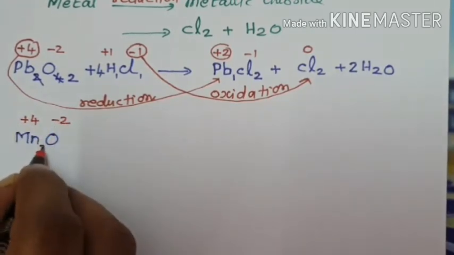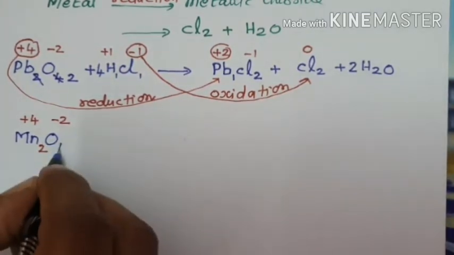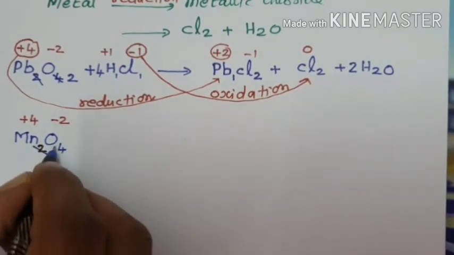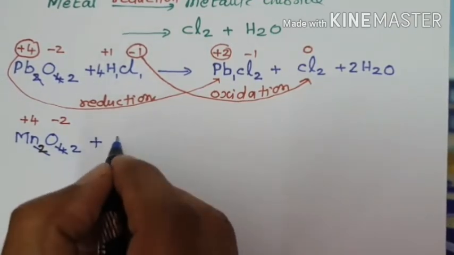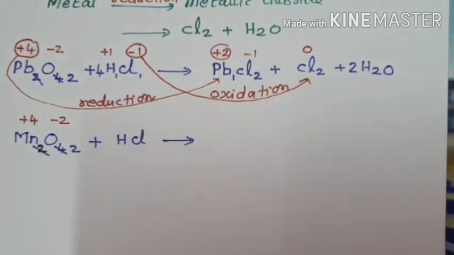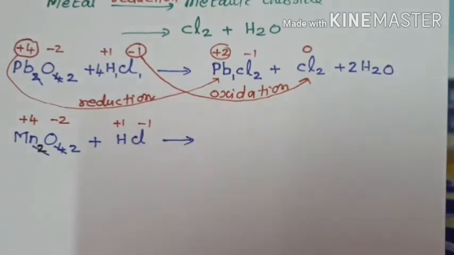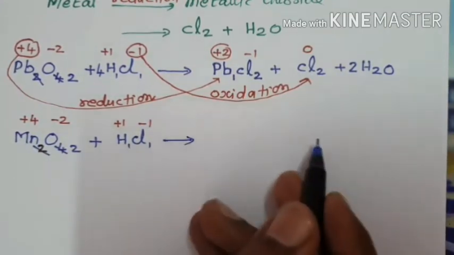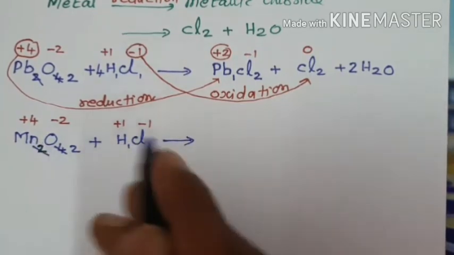When we write in class, oxygen valency 2, therefore when we cancel, 1 2 is 2, 2 2s are 4, molecular formula MnO2, when treated with hydrogen chloride. H is always plus 1, chlorine valency minus 1. When we write in class 1 1, so manganese dioxide oxidizes hydrogen chloride into chlorine, but it undergoes reduction.